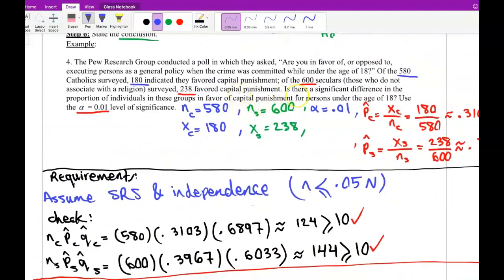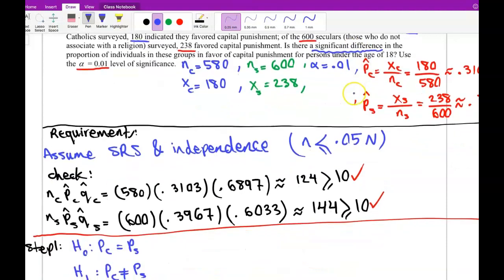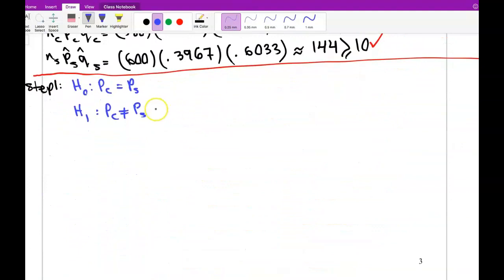Because here the question was, is there a significant difference in the proportion of individuals? We don't see any greater than, less than, or something like that. We only see that there's a significant difference. What that means is we should find out if there is any change or not, so we should use the two-tailed test, which is not equal to.